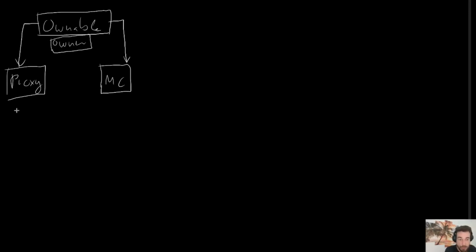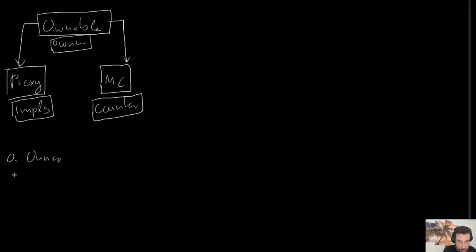Proxy also has one storage variable, which is the implementations mapping. And the master copy contract also has one variable, which is the counter storage variable. So if you compile the proxy, the storage slot at index 0 would become the owner's storage slot, and at index 1 would be the implementations mapping storage slot.